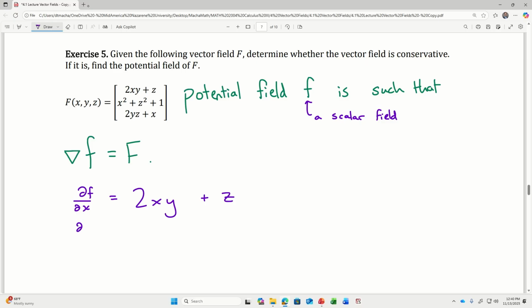And that means the partial of lowercase f with respect to y is going to be x squared plus z squared plus 1. And the partial of lowercase f with respect to z is going to be 2yz plus x. That's what it means when I say the gradient of lowercase f is equal to the vector field capital F.